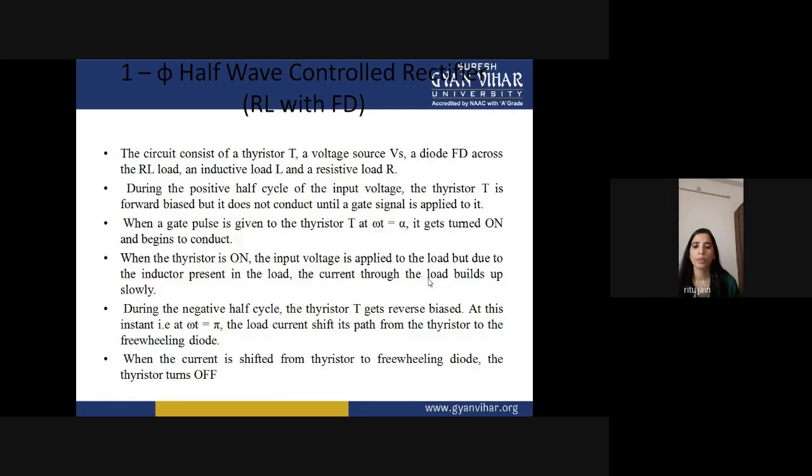Now, during the negative half cycle, the thyristor T gets reverse biased, and at omega t equal to pi, the load current shifts from the thyristor to the freewheeling diode. When the current is shifted from the thyristor to the freewheeling diode, the thyristor turns off.